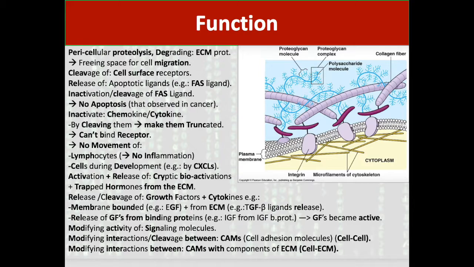MMPs also modify the activity of signaling molecules. They modify interactions and cleavage between cell adhesion molecules, cell to cell, and interactions between these molecules and components of the extracellular matrix, cell to extracellular matrix.